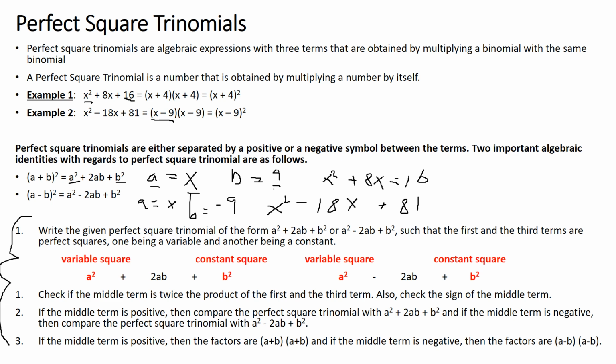For 81, it is going to be either 9 or negative 9 for the b. And we have to be careful with this, which is why you look at whether you are adding or subtracting. Is this an a minus b squared or an a plus b squared? That's why you determine which formula to use. Either this one if it's plus, or this one if it's minus.